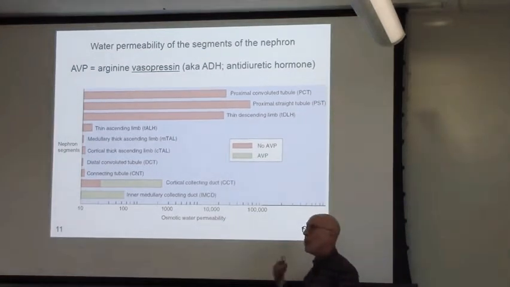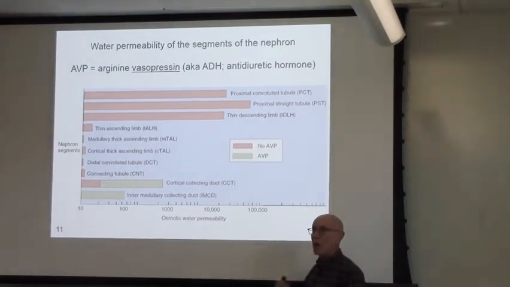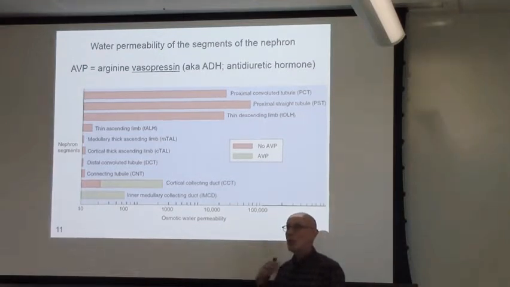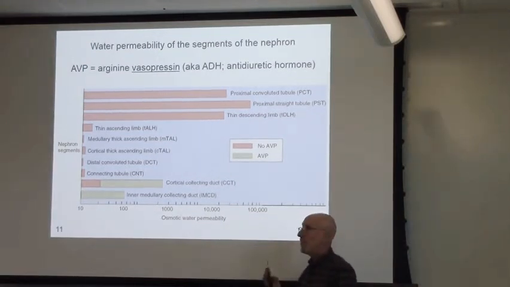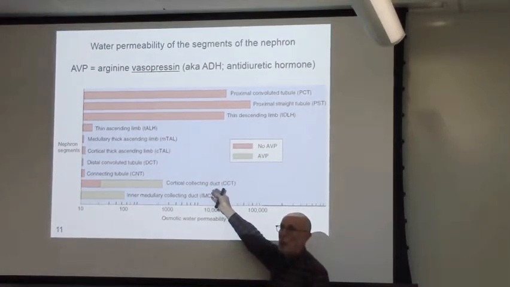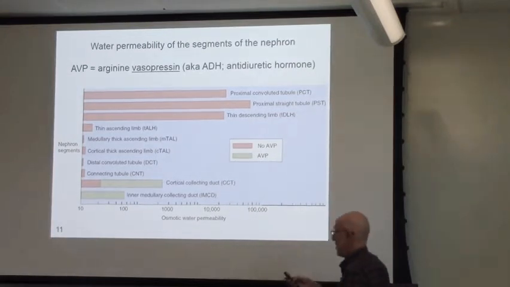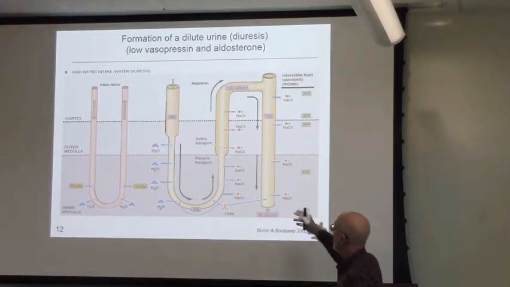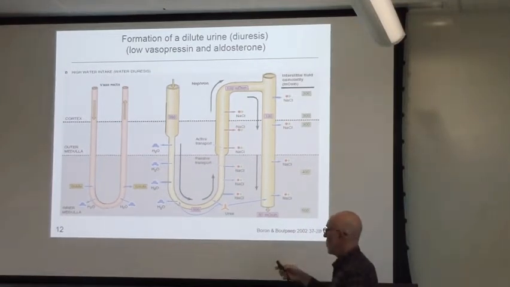So we have vasopressin-dependent water permeability. If you are dehydrated, you produce vasopressin. The vasopressin tells your collecting tubule to make water permeability so that, well, let's go to the next slide.